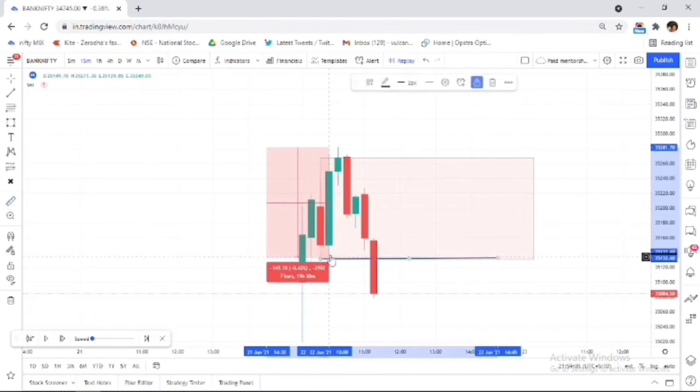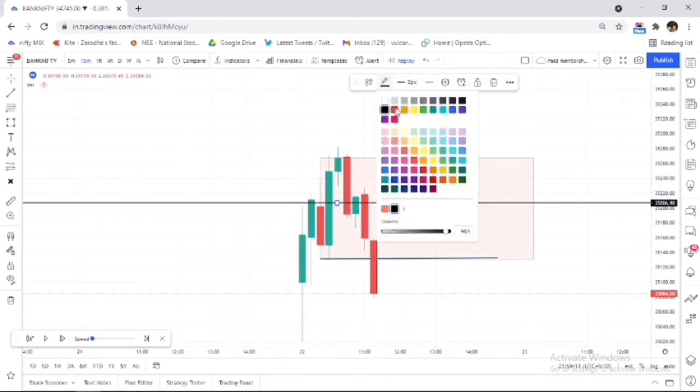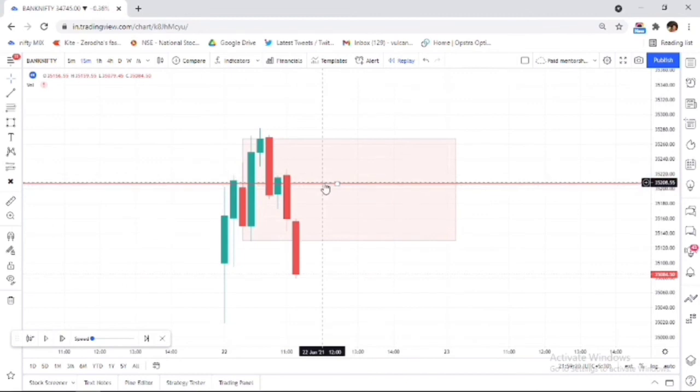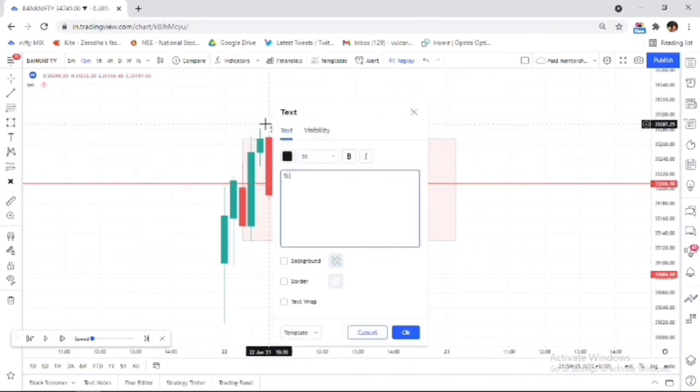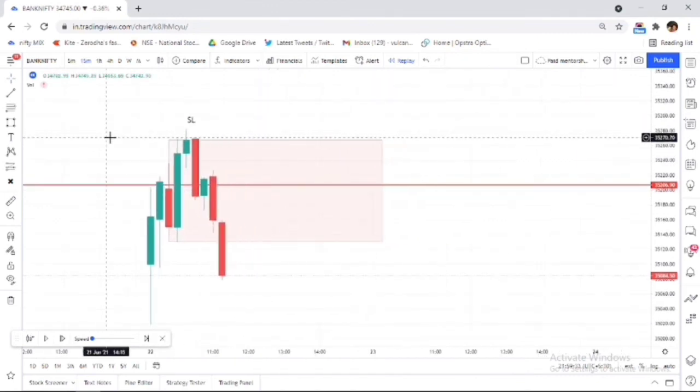Measuring with the scale and marking the threshold line. Now I will wait and let the market come back to my threshold line, and then I will enter and put my stop loss above the second candle.